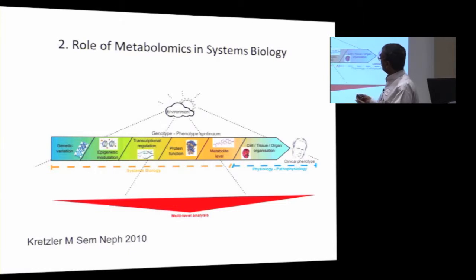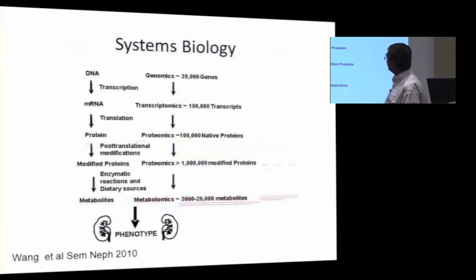So the role of metabolomics is as a part of the multi-omics platform, for you to really understand the multi-level analysis of the cellular machinery at homeostasis. So this is a very simplistic view of how this whole paradigm works.